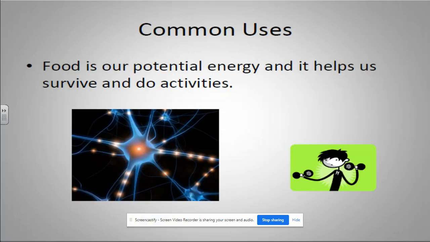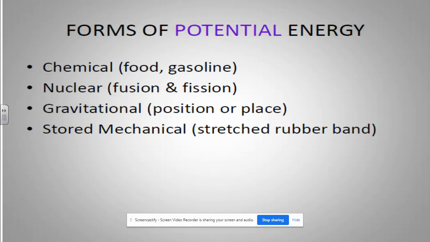Food is also full of potential energy. The food that's sitting on your counter or in your fridge has the potential to make you move and work. And some forms of potential energy, which we'll circle back to a little bit later in the slideshow, would be chemical, nuclear, gravitational, and mechanical.